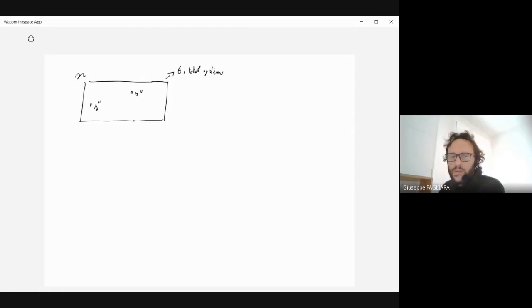One is a small system, and the other one is a reservoir, with the role of providing energy to the subsystem S in order to maintain the temperature of S constant. Okay, this is the situation.